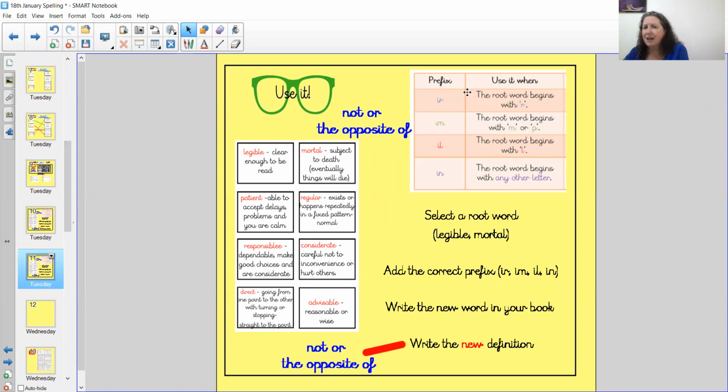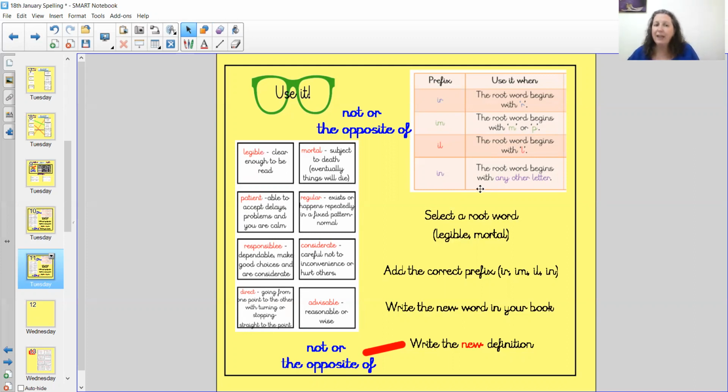You're going to write your new word in your book or on your piece of paper, and then you are going to write the new definition. You do have the definitions, that's why we did the activity at the beginning, so that you can write the new definitions for your new words, because with the prefix we've changed the meaning.